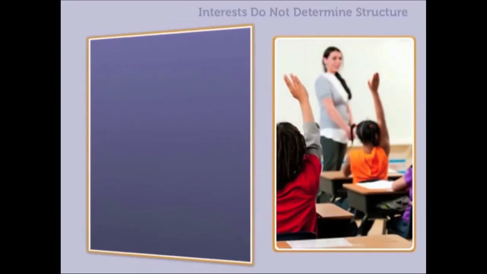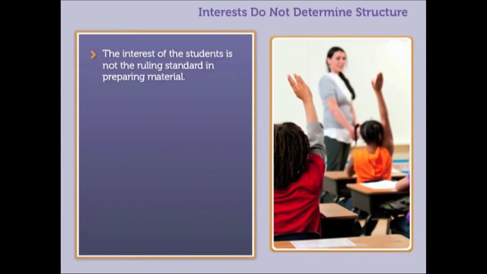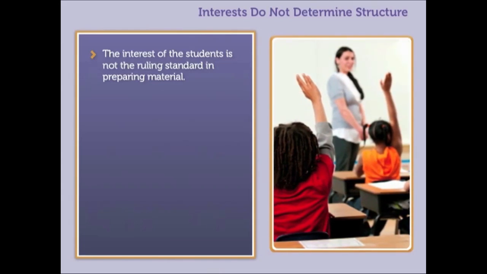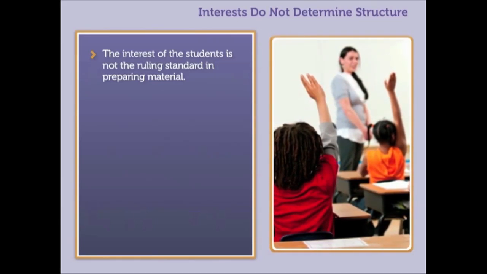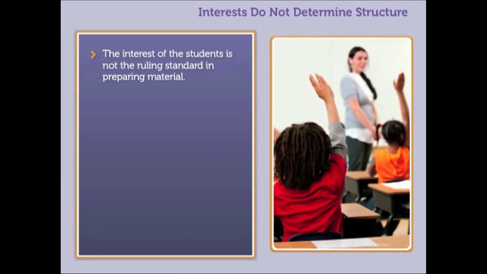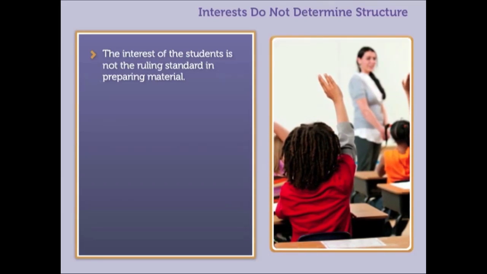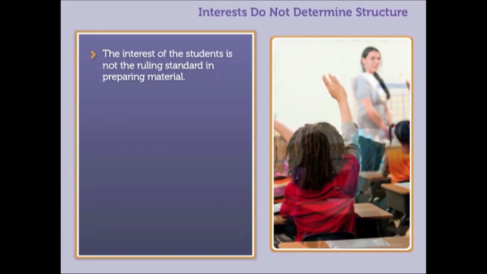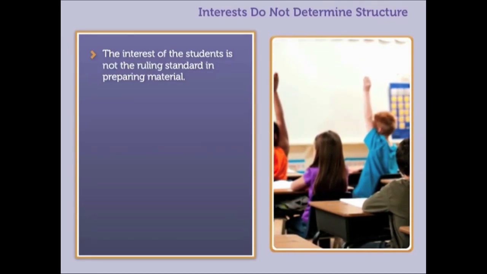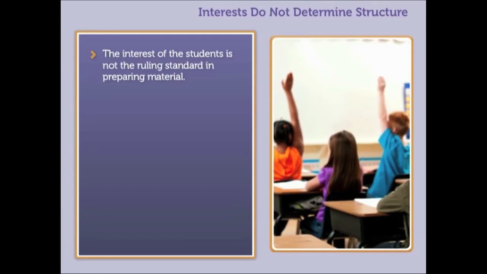Now, this is one important reason why the interest of the students is not the ruling standard in preparing material or in determining a class. Do you see why it follows from that? Why you cannot simply poll a class, find out what their urgent, burning interest of the day or the moment or the year is, and say, well, after all, we want to motivate a class, therefore let's gear whatever we present to their interest, such as it is.